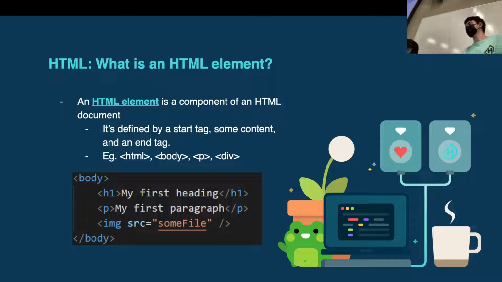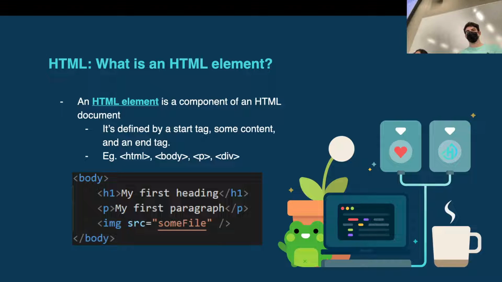Now, there are basically three kinds of HTML elements that you can use. One is an HTML tag that contains other HTML tags within it. As you can see on the screen, there's a body tag. The body itself is an element that contains other elements inside it.